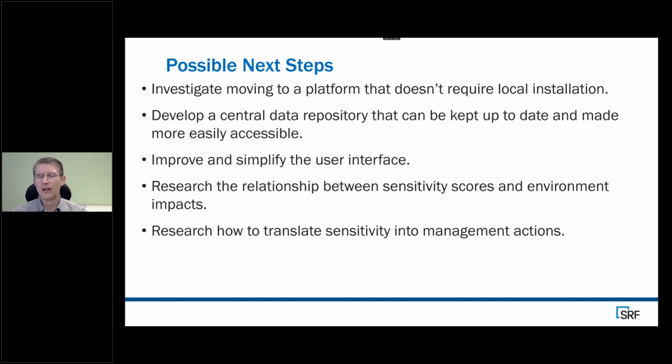There seems to be a need for some more research between when you do this analysis and you generate some relative score, some relative evaluation. How does that translate into what the environmental impacts are? What is that relationship? And that was not something, again, we could really address as part of this project, but it seems like an important question.